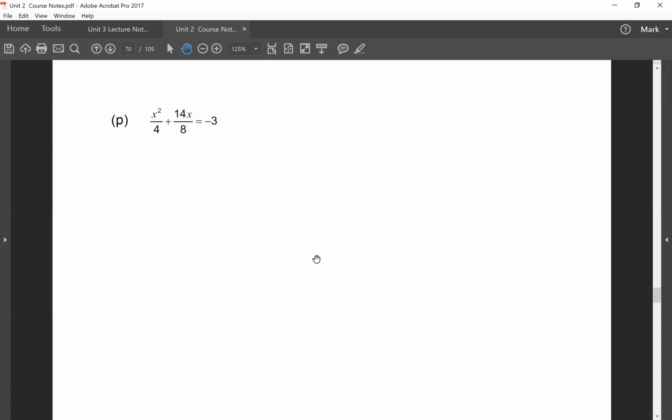Okay, first things first, we need to get rid of the fractions. We don't want to deal with fractions. So I need to find the lowest common denominator, or lowest common multiple, same thing, of 4 and 8. The LCD for this will be 8. Now, how do I know that it's 8?